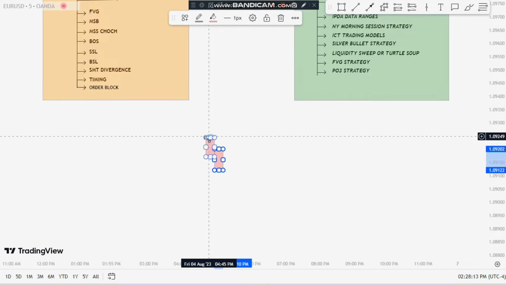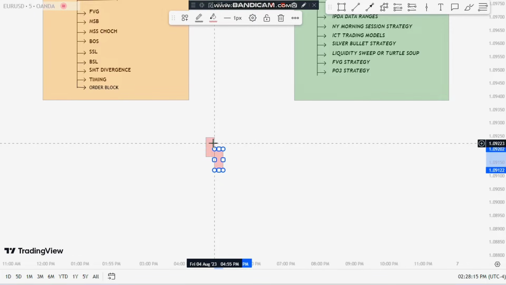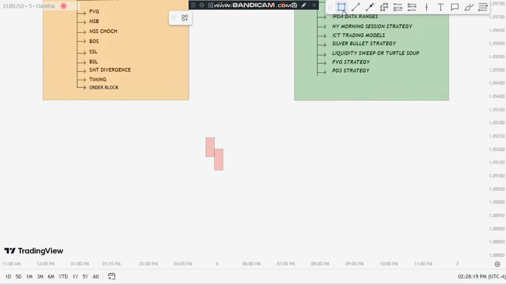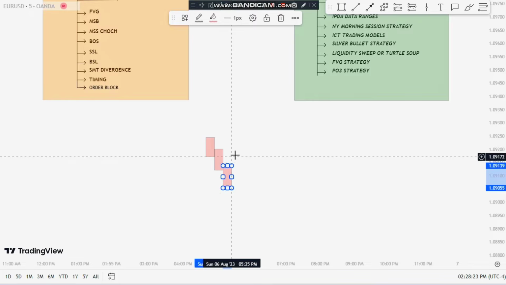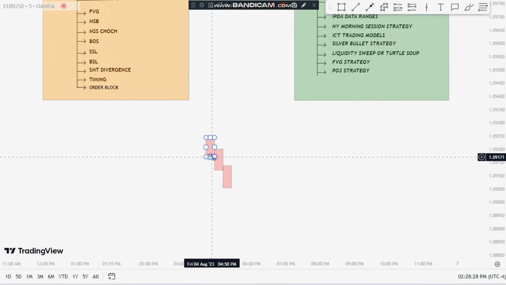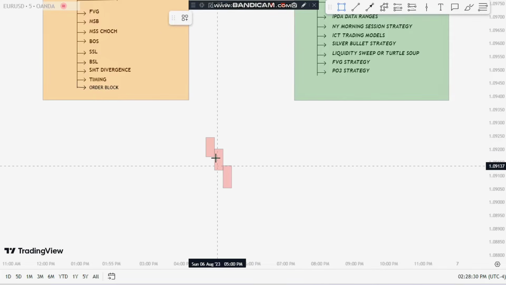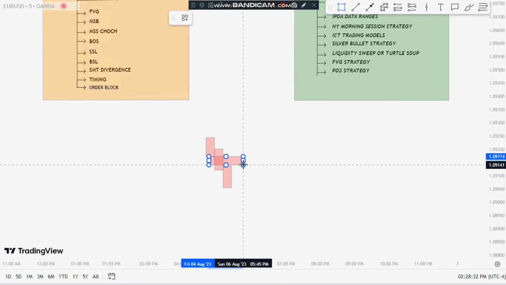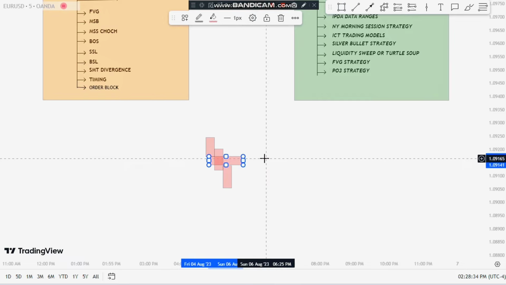Then another, this can be on any time frame. Okay, this can be a 1 minute candle, this can be a 5 minute candle, or a daily, can be any candle. Okay, and then this one. So you can see that there is a gap between the top of this candle and the bottom of this candle. Here, this gap. Okay, this gap is called the fair value gap.